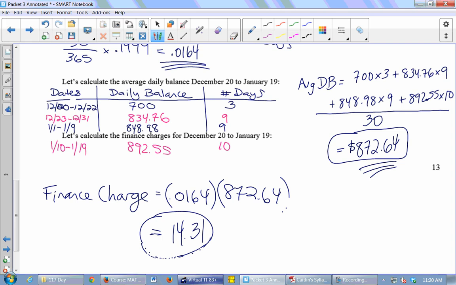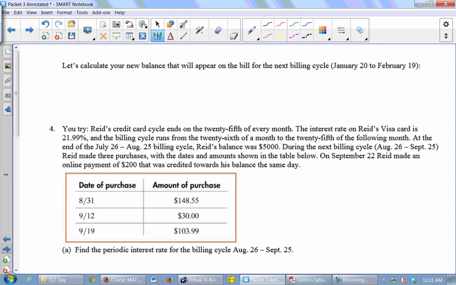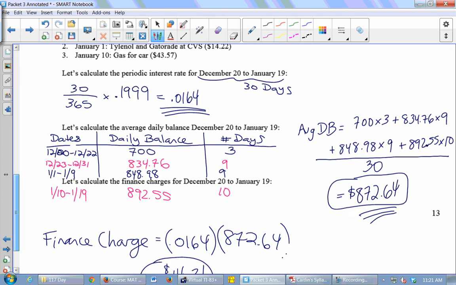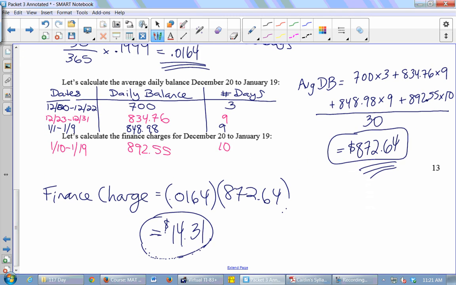So that's how we calculate the finance charge. So let's calculate the new balance that's going to appear on the bill for the next billing cycle. Our balance at the end of the month was $892.55, our previous 700 plus our new purchases. Then we have to add the finance charge.